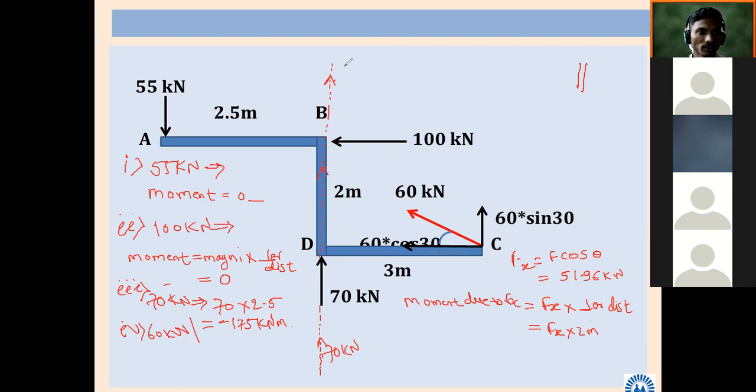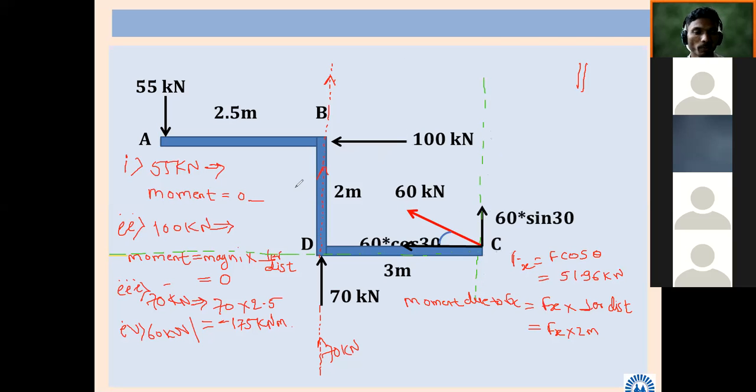Let me take some green color. So this will be the line of action of that apex force, and this is another line of action I am drawing in green, if you see carefully.